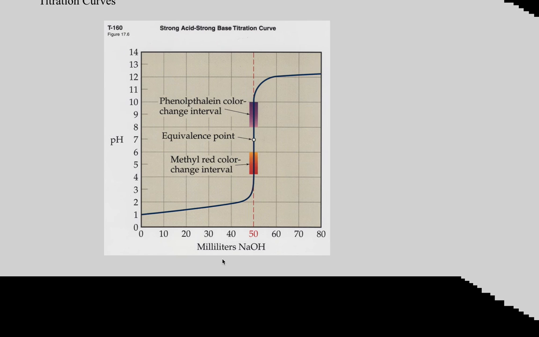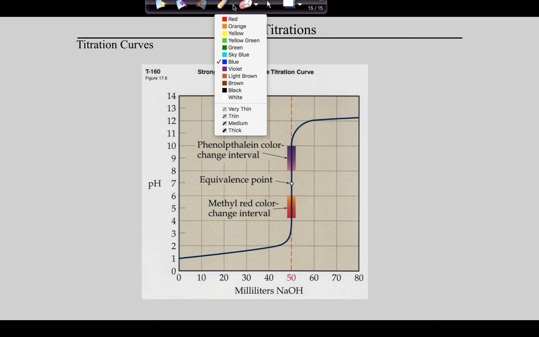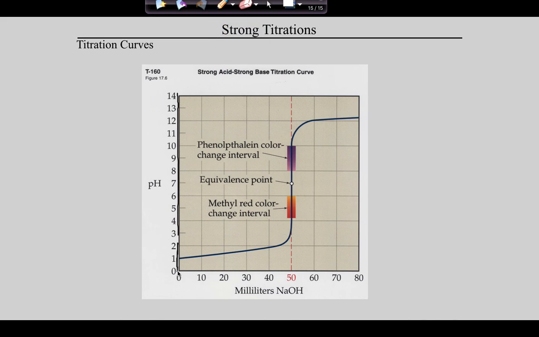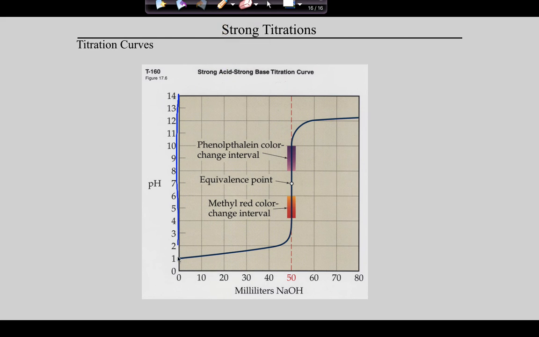What we've got here, and guys, I would encourage you to scratch this into your notes, because we need to tear this apart a little bit. Draw an X and Y axis, put milliliters of sodium hydroxide here, put pH there, and then scratch a curve, noticing, guys, that that curve looks exactly like the graphs you generated.